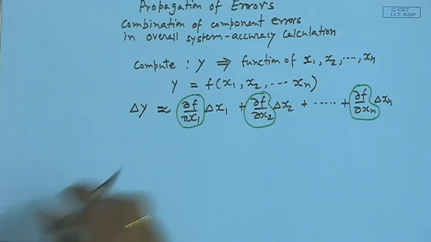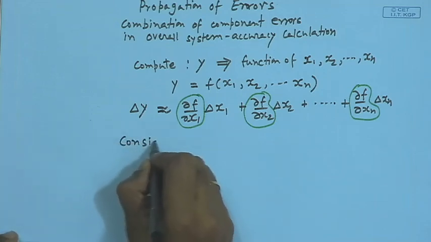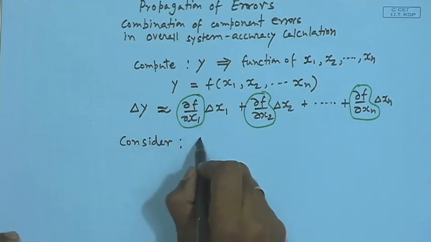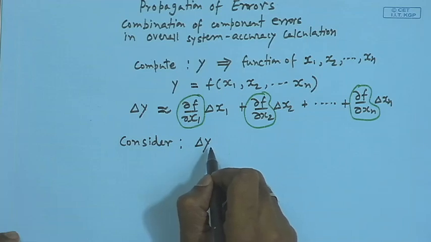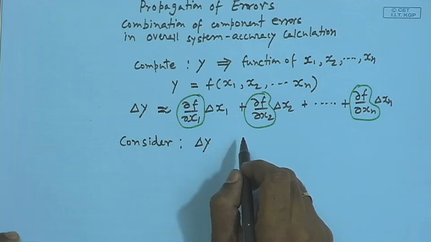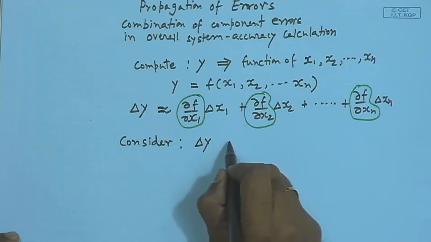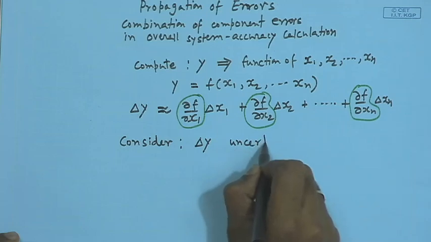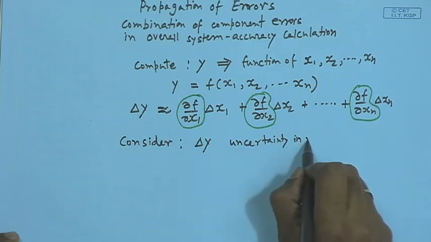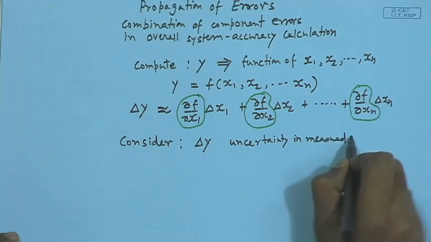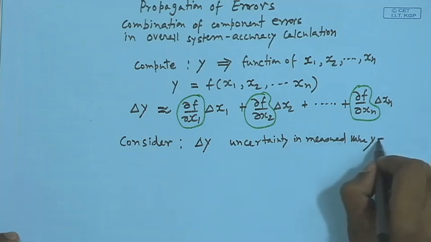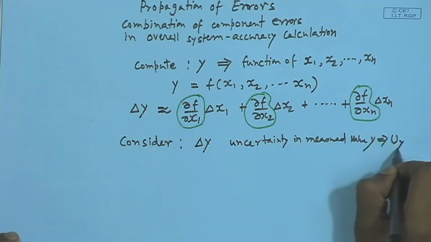Now, consider delta y to be the uncertainty in measured value y, which we represent as, let us say, u y.